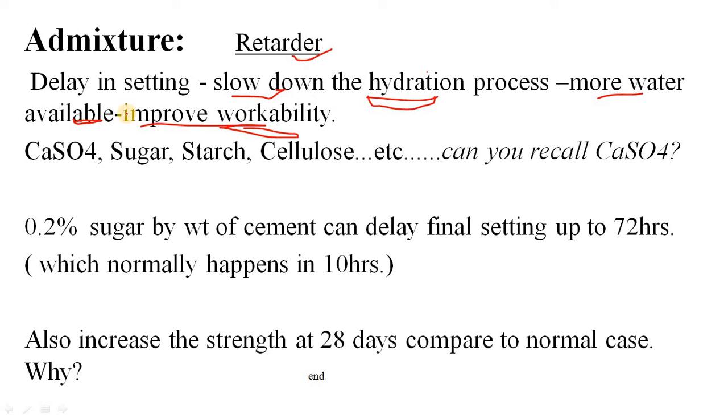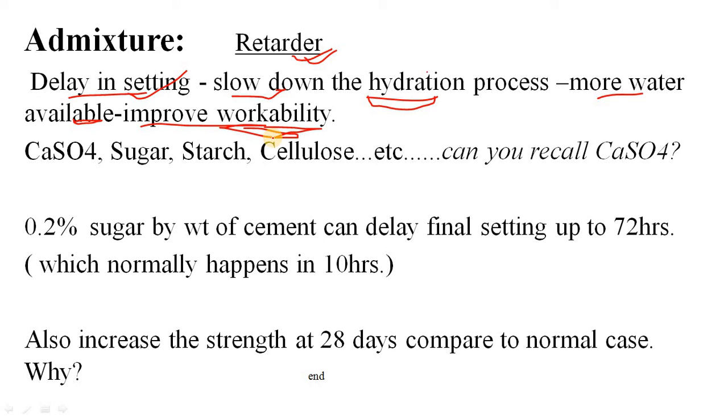So a retarder not only delays your setting, which matters when you have to transport your concrete over a long distance, in which case using a retarder is a must, or else your concrete will set. Using a retarder you can delay the setting time, and as the hydration process slows down, free water is available within the concrete for a long time, which increases your workability.